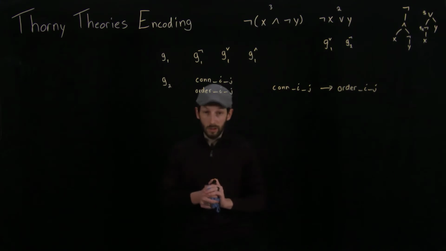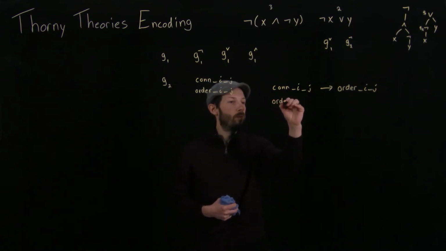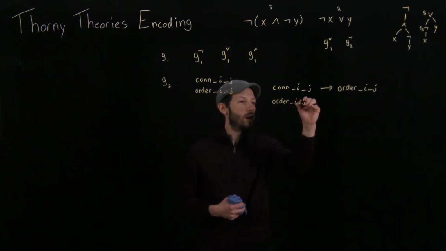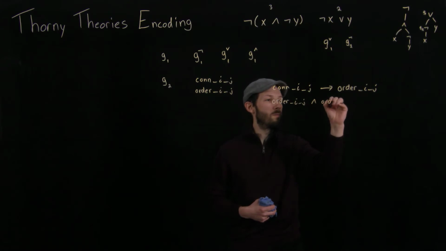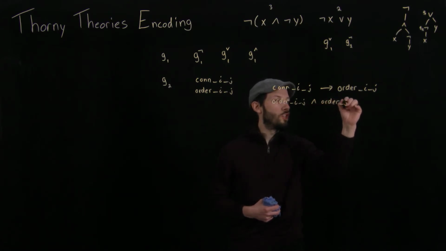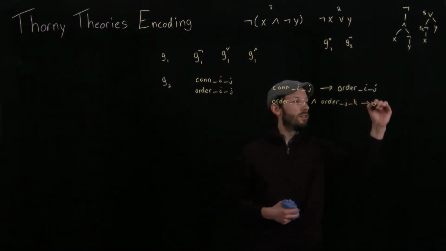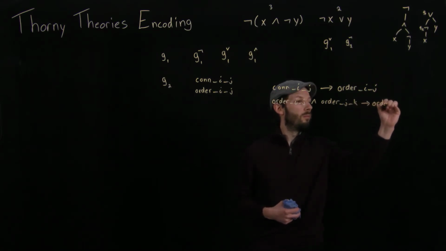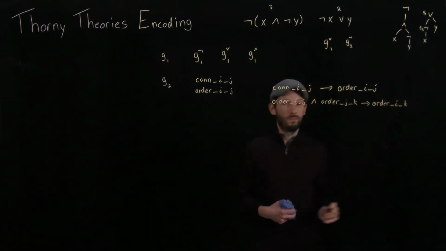Another thing that we have here is that if you have a particular ordering from I to J, and you have an ordering from J to K, then this means that there is a way to go from I to K. All right.